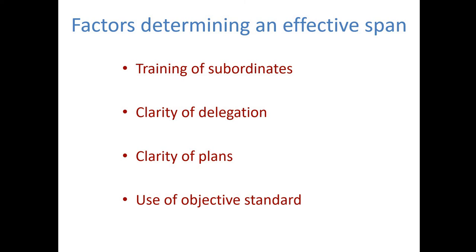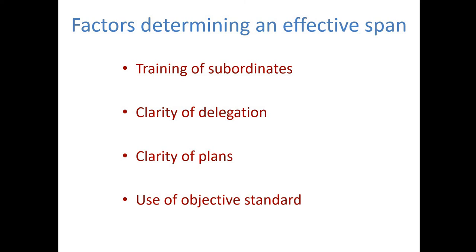Next is use of objective standard. When we use the word objective, it means that it is measurable, it is quantifiable. When you have an objective standard, as a boss, you know how to measure the performance of your subordinate.